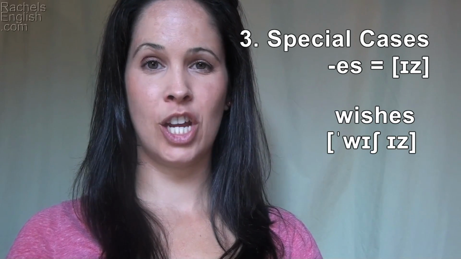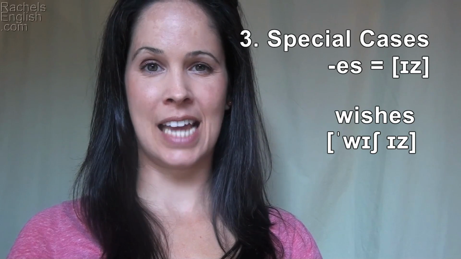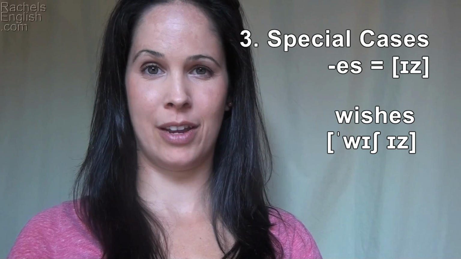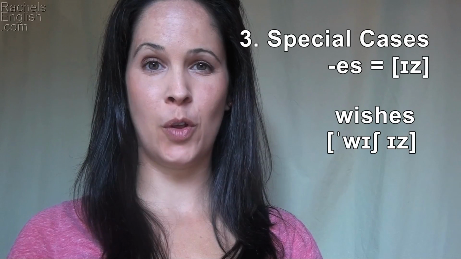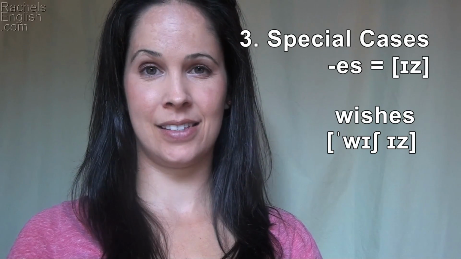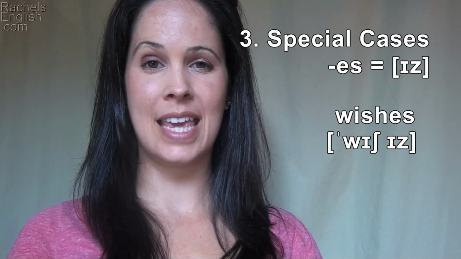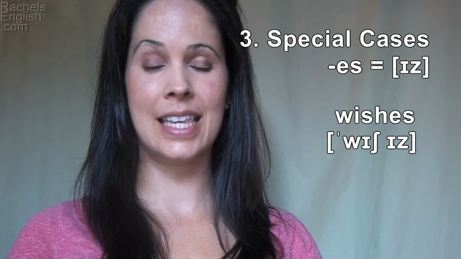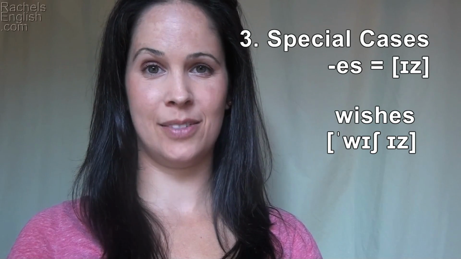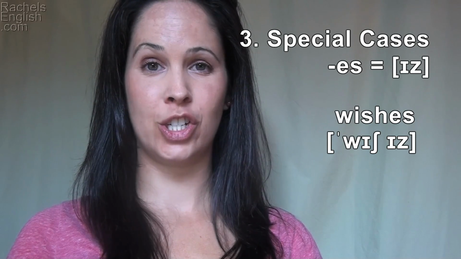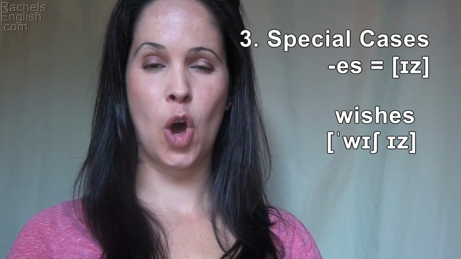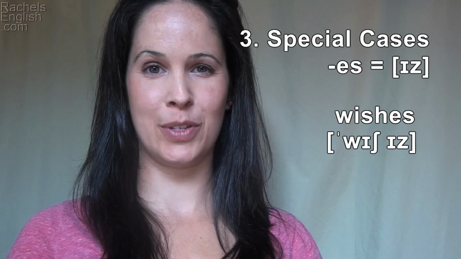It ends with sh, which is one of the sounds in this third category. Therefore, the plural will be spelled with an ES, and it will be pronounced wishes, with the I sound followed by the Z sound, wishes. So, wish, 1 syllable. Wishes, 2 syllables.